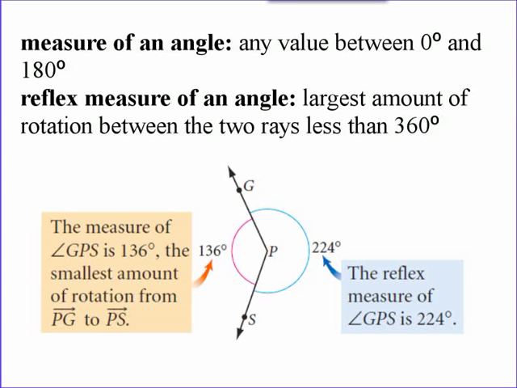And then let's go ahead and look at this, the measure of an angle. The measure of an angle is any value between 0 and 180 degrees. Then we have what's known as the reflex measure of an angle. The reflex measure of an angle is the largest amount of rotation between the 2 rays, but the reflex measure must be less than 360 degrees.